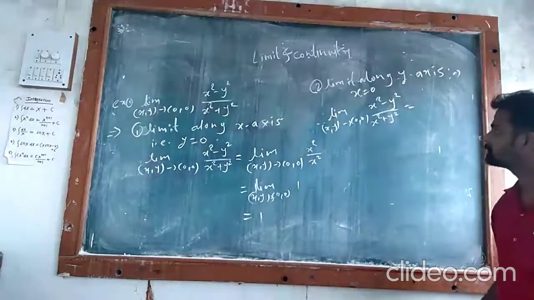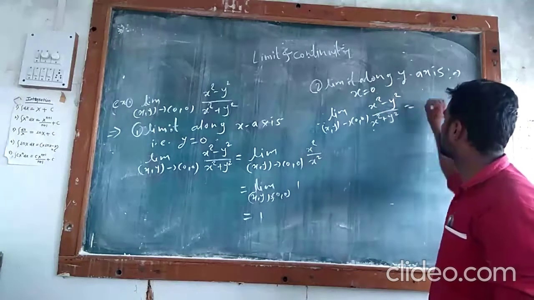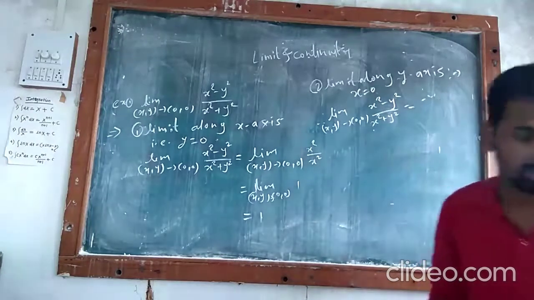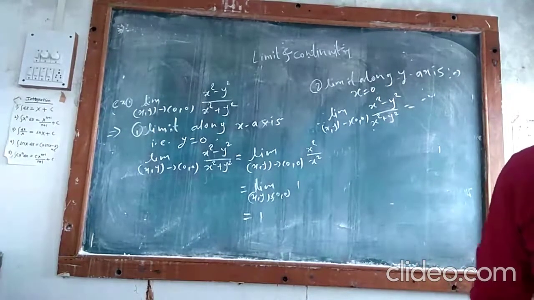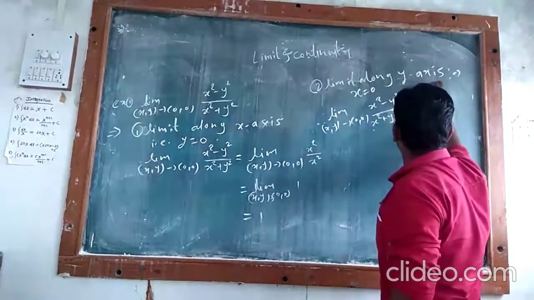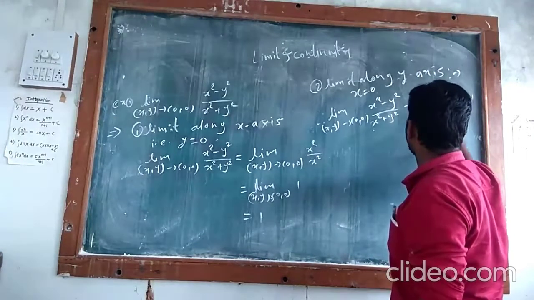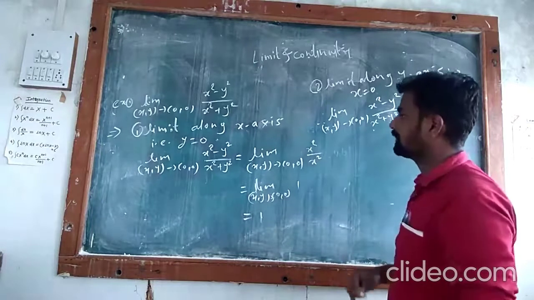Here we know that x is equal to 0, therefore we put the value of x as 0. Then we get 0 minus y square upon y square, which is equal to minus 1.